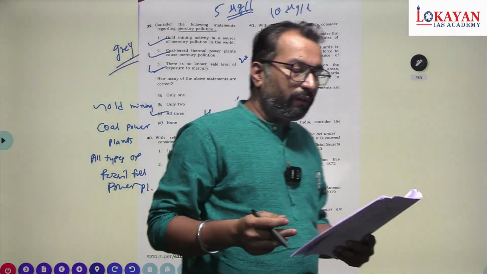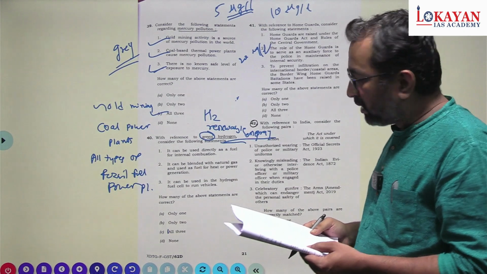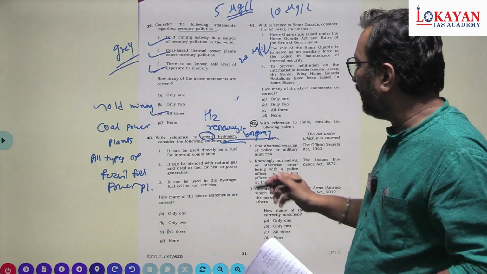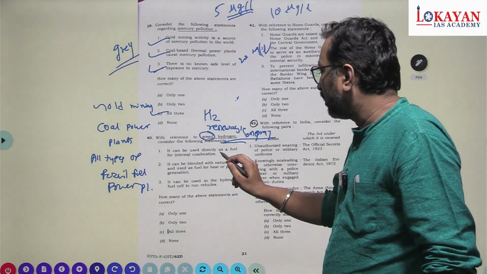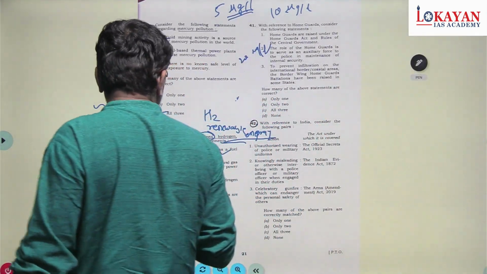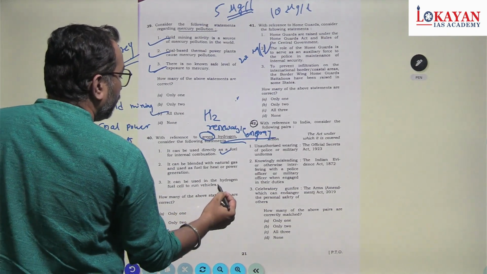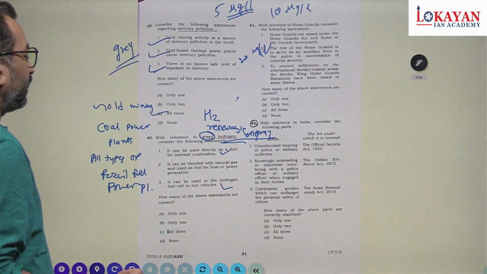So carbon emission of green hydrogen is much lesser than gray hydrogen. So first statement is it can be used directly as a fuel for internal combustion. Yes, correct. Green hydrogen can be directly used as fuel for internal combustion. It can be used in the hydrogen fuel cell to run vehicles. Both are correct options.